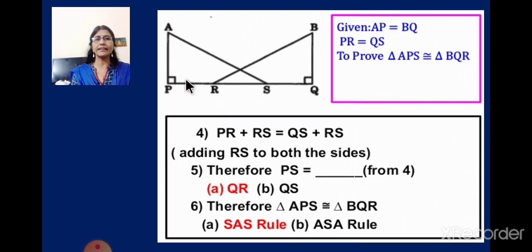You can see here angle and then this side and then this side. As here the hypotenuse is not equal, that means these two triangles are congruent by SAS rule. So you are going to select this rule, and this is the way it will be asked in your exam. So you will see the figure and then you will fill up this blank.